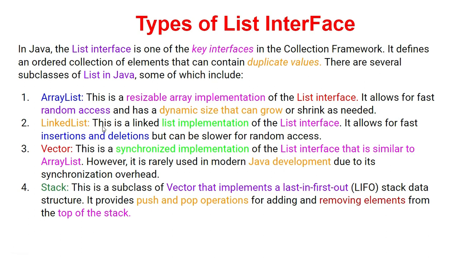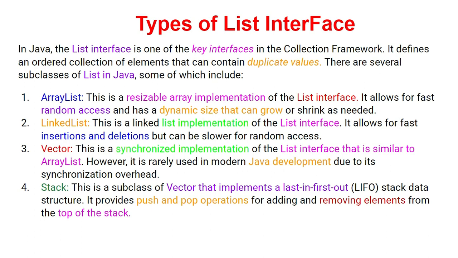Linked list is an implementation of the list interface, and array list is also an implementation of the list interface. So in that way both are the same, both are able to store any kind of data, homogeneous, heterogeneous, everything.